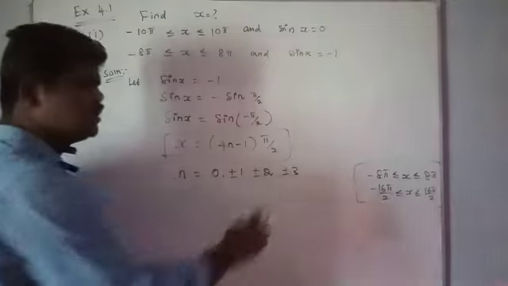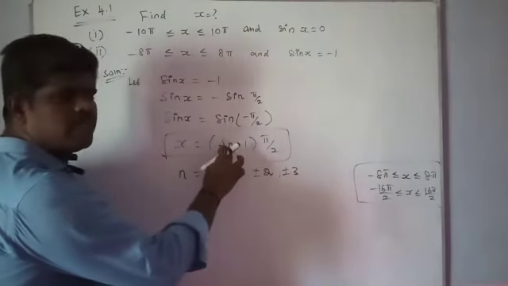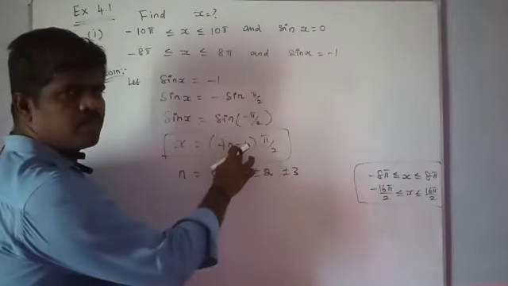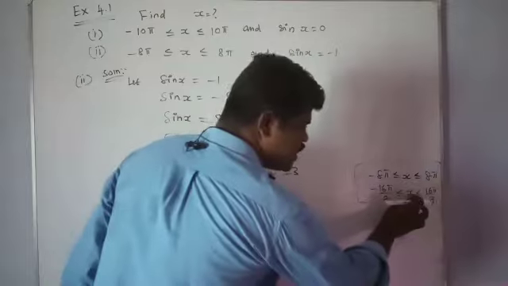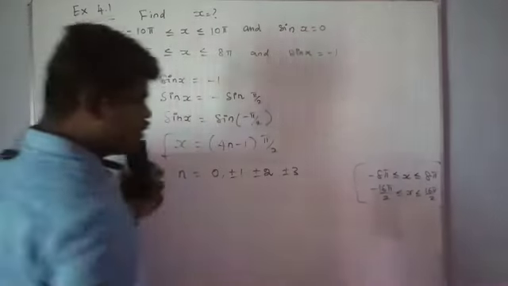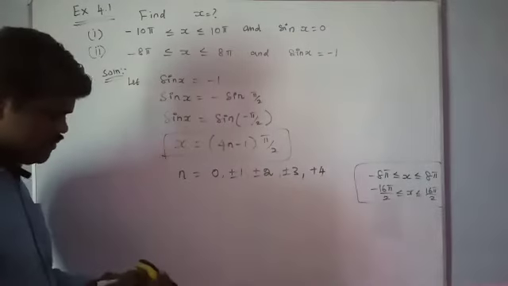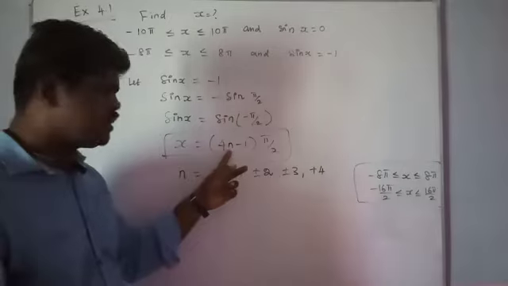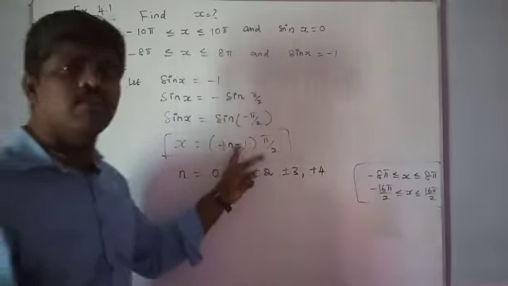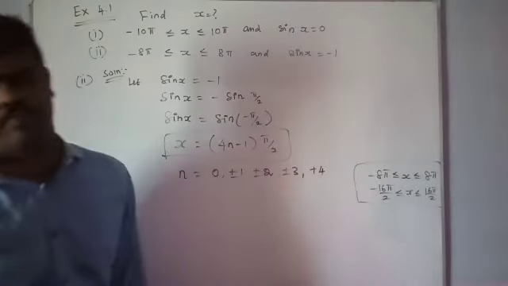And if we give minus 3, minus 4 into 3 is minus 12, minus 12 minus 1 is minus 13 by 2, which lies between these values. Then plus 4: 4 into 4 is 16, 16 minus 1 is 15, and 15 by 2 lies between these values.